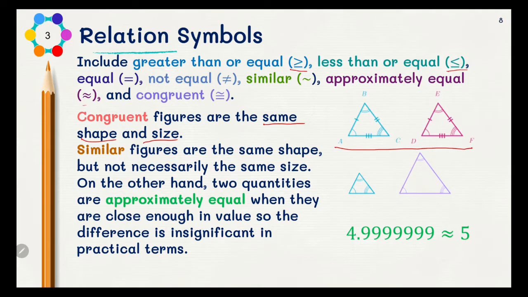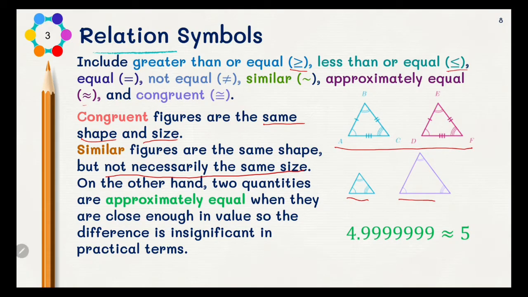Exactly the same, everything. So congruent. Duplicate. But when we say similar, same shape but not necessarily same size. So the same triangle but not the same size. Usually in this case they are proportional.